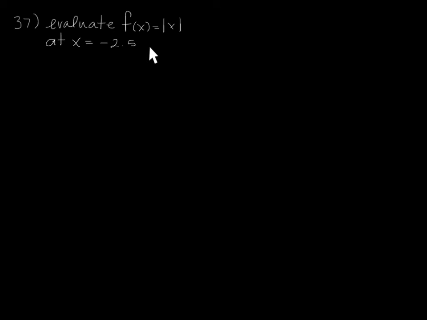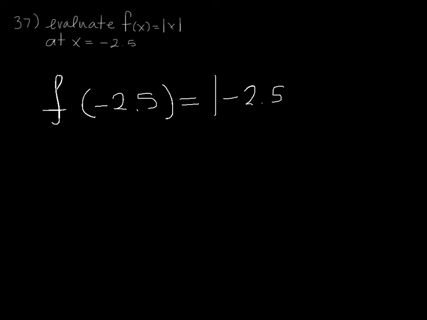Next, we will evaluate the function f of x equals absolute value of x at the value x equals negative 2.5. I'm going to do this in two different ways because I think each is helpful in its own way. So what we're doing is we're looking at f of negative 2.5, which equals absolute value of negative 2.5.